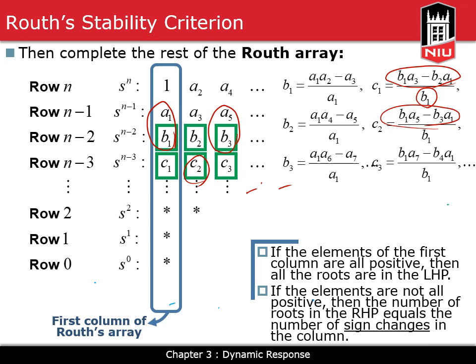As we said earlier, if there is only one sign change, that means the system is unstable. It doesn't matter whether there's one sign change or 100 sign changes in the first column, it's unstable. But still, this is some additional information that the table can give us. If there are n sign changes in the first column from the top to the bottom, that means there are n poles on the right half plane.